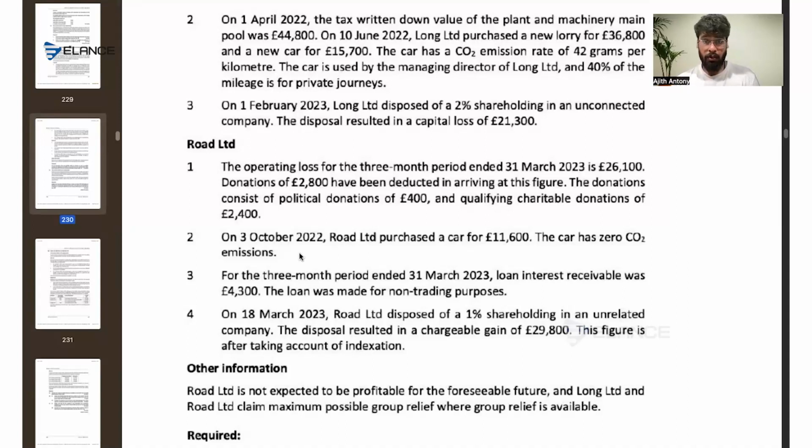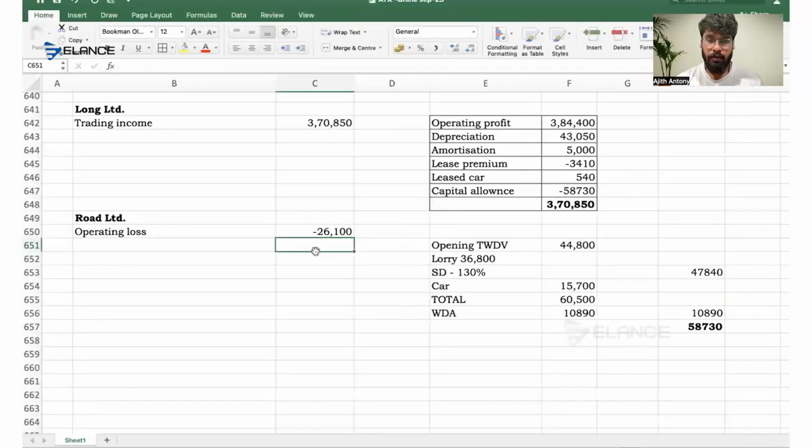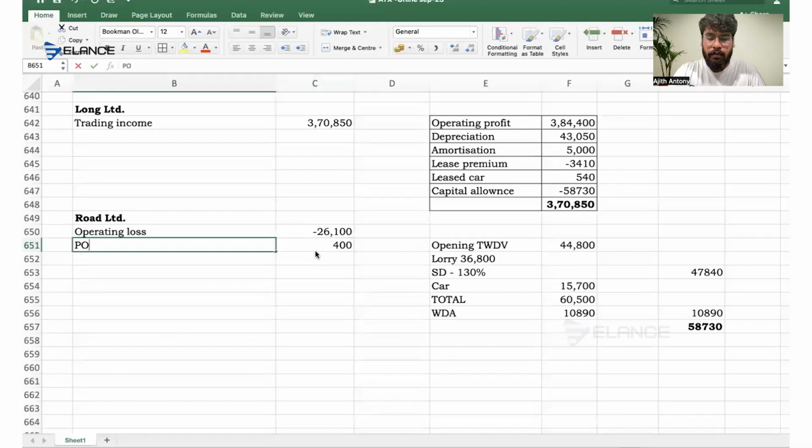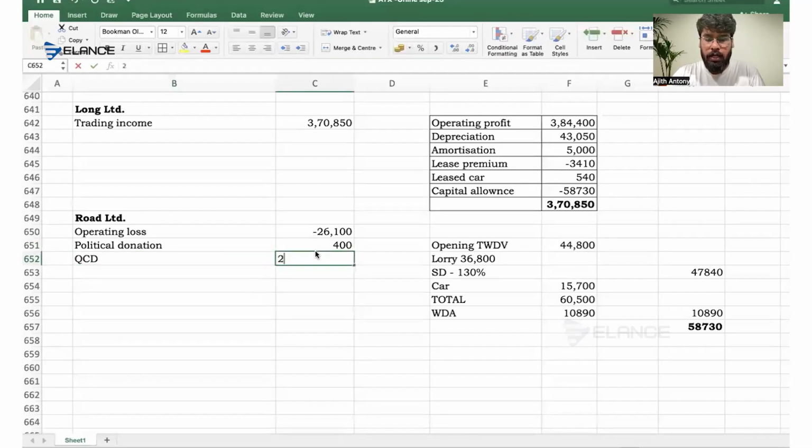So the political donation of 400 we should add back, and the second one is QCD, 2,400, that is also a disallowed expenditure. Both the donations we should add back.